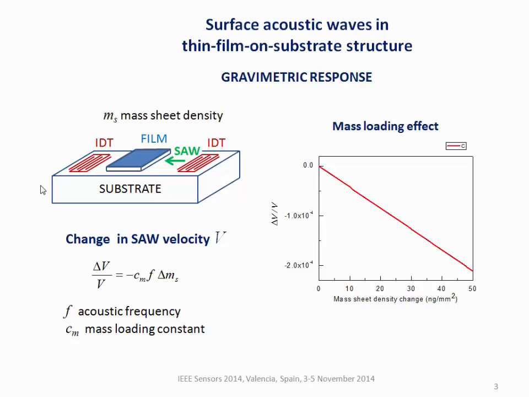The higher the mass of the layer, the lower the velocity. We see that with increasing mass, the velocity goes down.